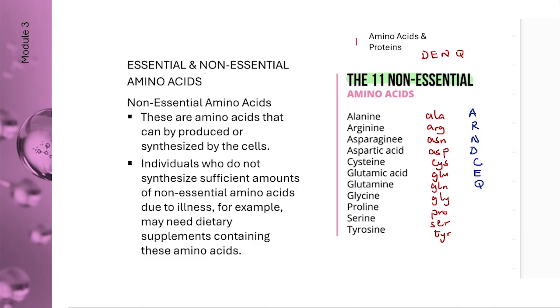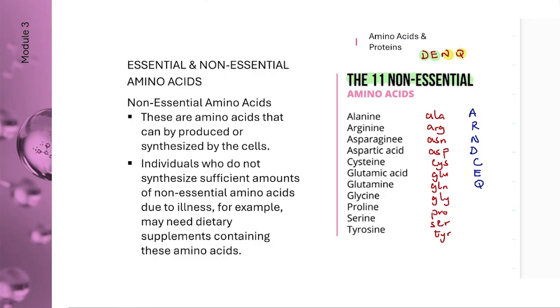D and E are for the two acidic amino acids. That's D for aspartic acid, E for glutamic acid. And of course, I use N and Q to represent the amide containing amino acids.